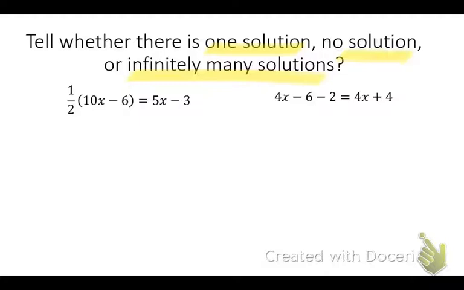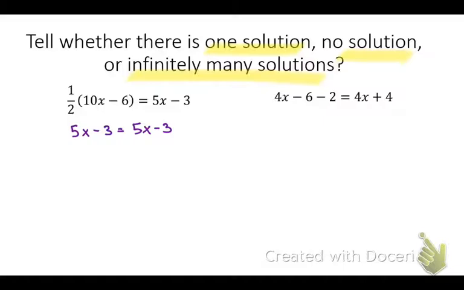Okay, so the first one, Josh says infinitely many, so let's check it. Did you do 1/2 times 10x is 5x? Did you guys do that? Yes. 1/2 of -6 is -3. So 5x minus 3 equals 5x minus 3. What do you notice about this equation? It's the exact same thing on both sides, guys.